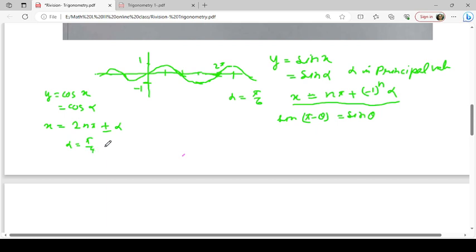Suppose y is equal to 1 by root 2, then cos of pi by 4 is 1 by root 2. So when n is equal to 0, it is plus minus pi by 4, because cos theta is equal to cos minus theta. So in the first quadrant and fourth quadrant, their value is the same.